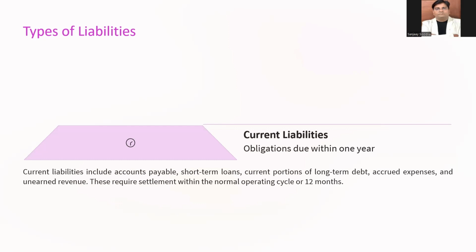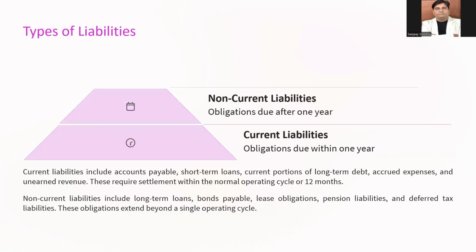And suppose tomorrow the shopkeeper fails to provide you with the book, he will have to refund that money. So that means it's a liability for him. This requires settlement within the normal operating cycle or within a time frame of 12 months.